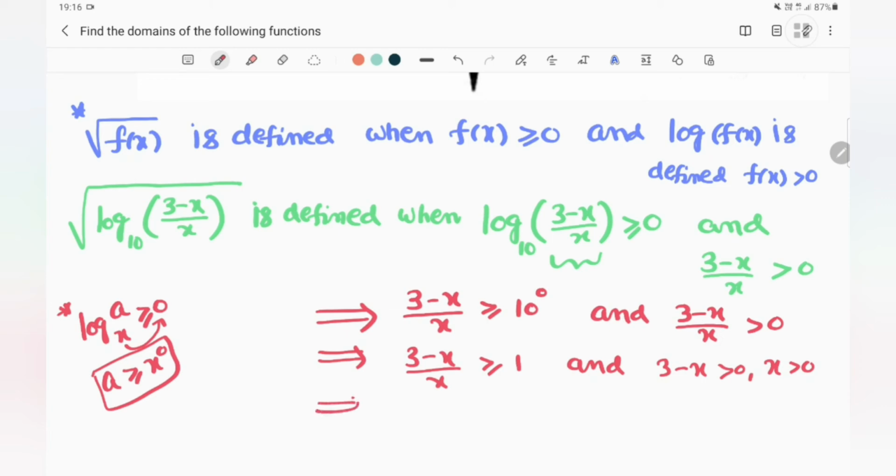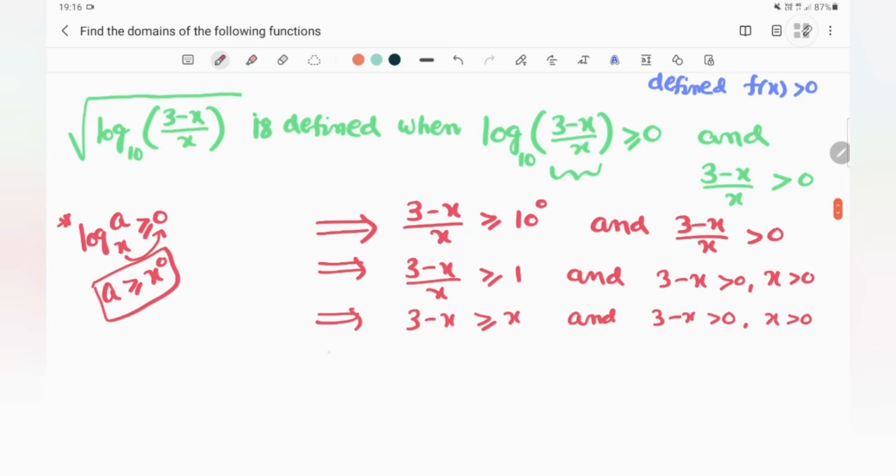And here cross multiply in the first term, 3 minus x is greater than or equal to x, and 3 minus x is greater than 0, x is greater than 0. So 3 minus x we can take this side plus x, so 3 is greater than or equal to 2x, and 3 minus x is greater than 0, x is greater than 0.